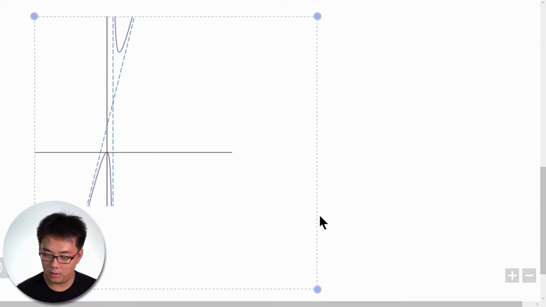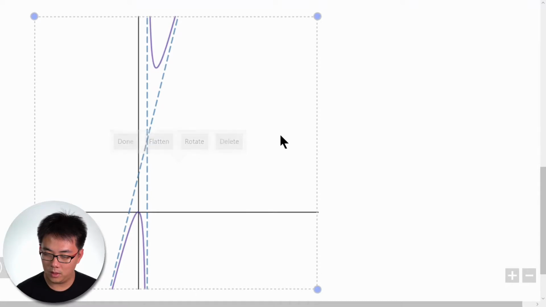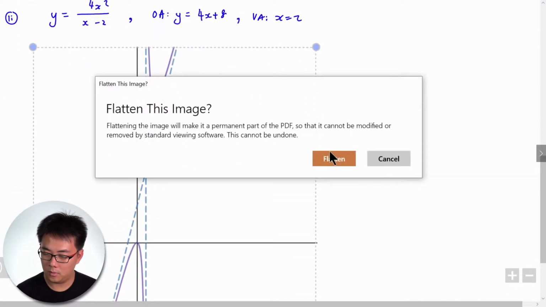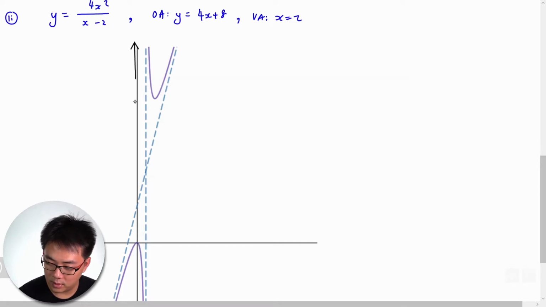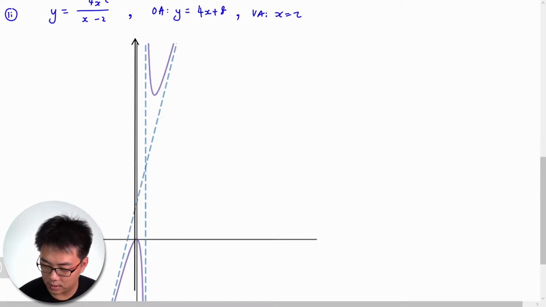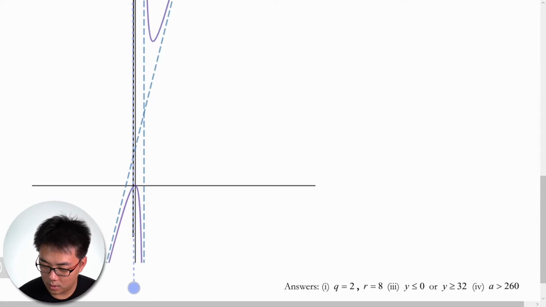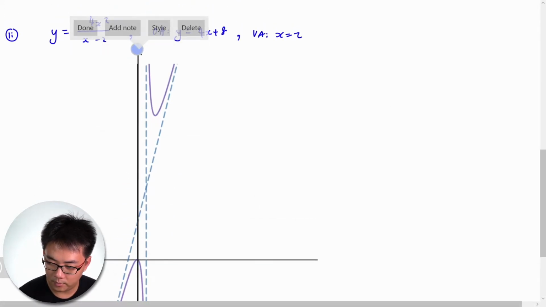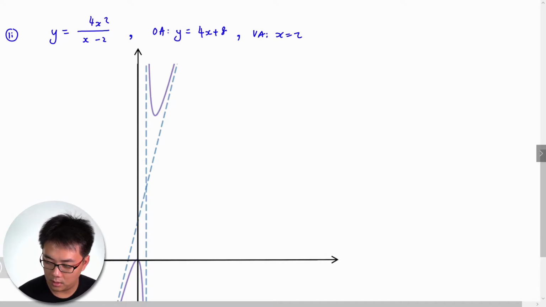Yep, this is the graph you're looking at. So what you're gonna do is just do it like that. Ta-da. So this is okay. Then you just label your asymptotes out.